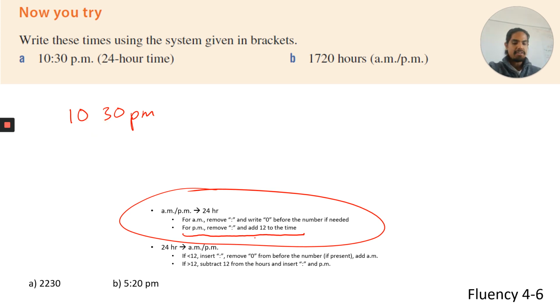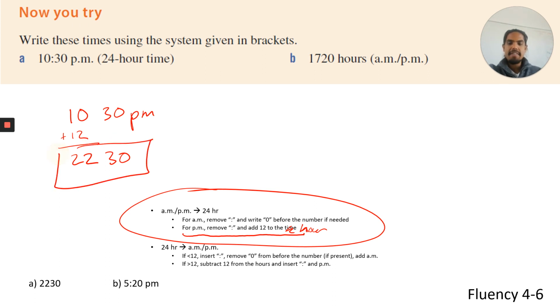And then I add 12 to the time. So that should be adding 12 to the hour of the time. So instead of having 10, I'm now going to have 10 plus 12 is 22, 30, and I drop the PM symbol. So this is now 2230 in 24-hour time.